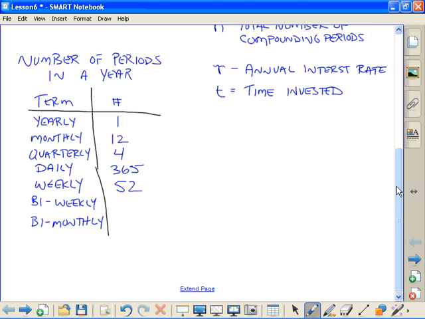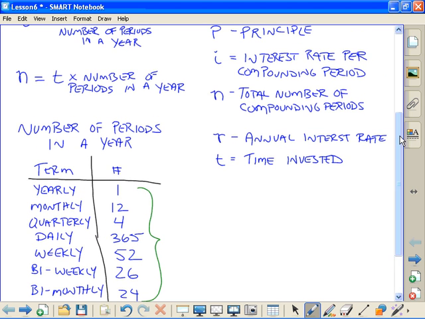If I go bi-weekly, I'm going every second week, so that would be 26. And if I go bi-monthly, twice a month, so that would be 24. So those are the numbers that you need to hopefully have in your head. I don't know if you want to waste cheat sheet space on that kind of stuff, but that is your number of compounding periods per year, which you're going to use here in the formula and here.